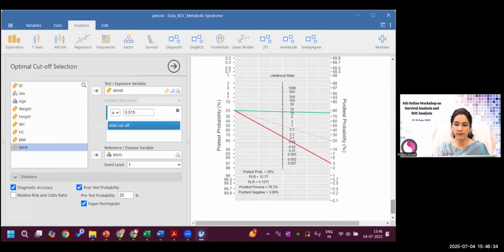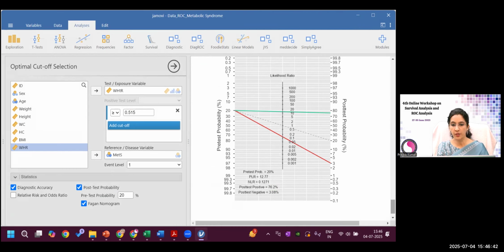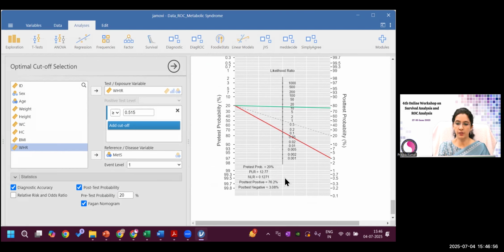Now, if you see the Fagan's nomogram, the post-test probability is 76%. This is so good now, because the pre-test probability was 20%. That means if you don't conduct the test, out of 100 you will be correct in only 20. But if you conduct the test, then out of 100, you will be correct in 76.2%.